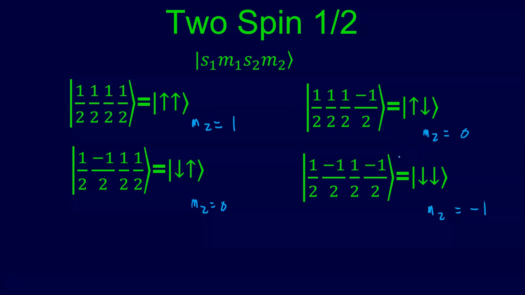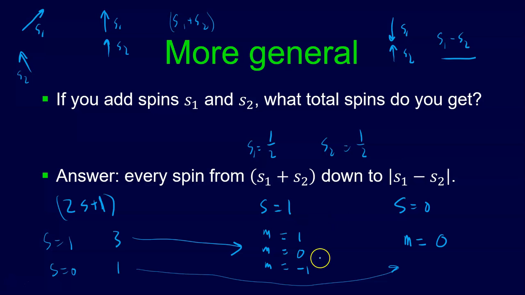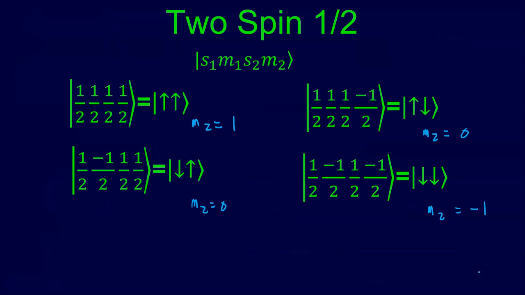What are we actually talking about here? If we had these states, the nomenclature is S, M, where these are the total. So here it would be 1, 1, then 1, 0, and 1, negative 1. And then this guy would be 0, 0.